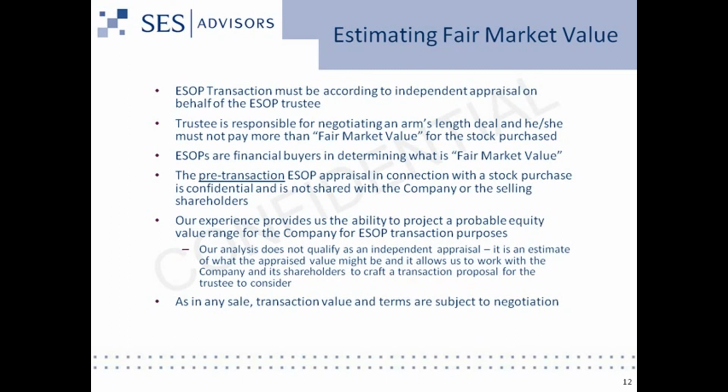So we have to explain often to clients that an ESOP trustee can pay only as a financial buyer, that they essentially are purchasing the future cash flows of the company rather than including the strategic value of potential changes or technologies or whatever. That's why when a company is purchased in a strategic acquisition, the prices are higher because they're buying for the fact that 1 + 1 can equal more than 2 in that instance.